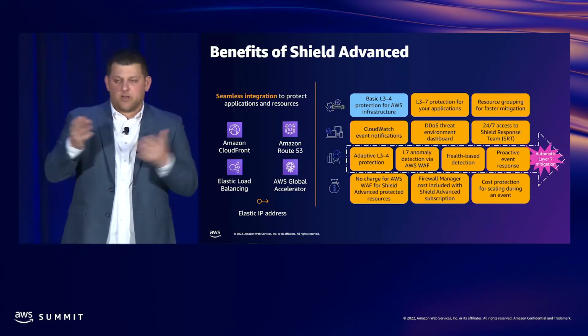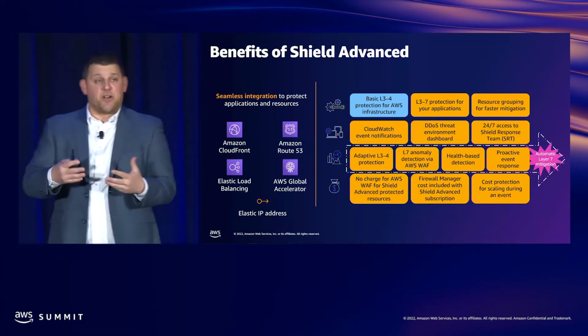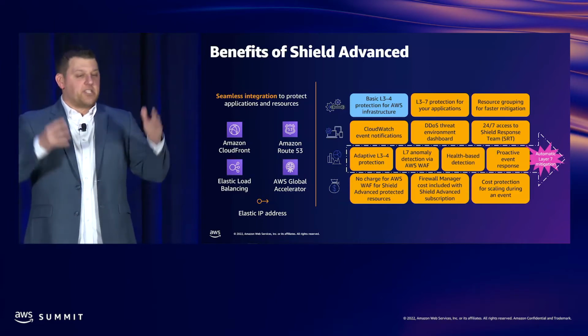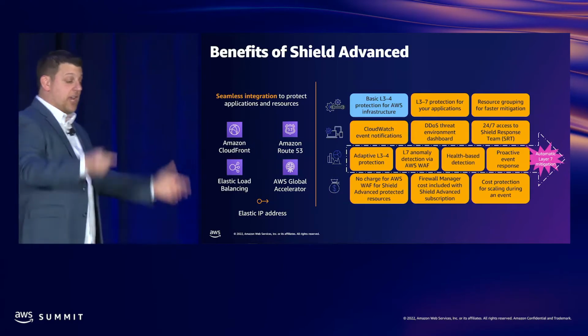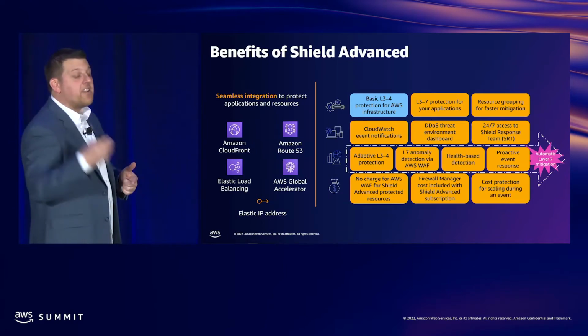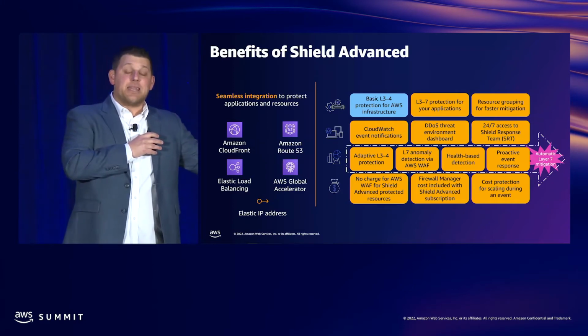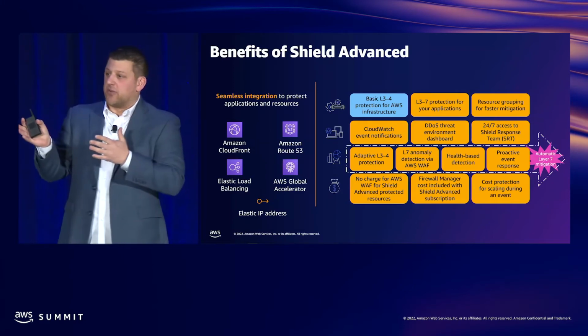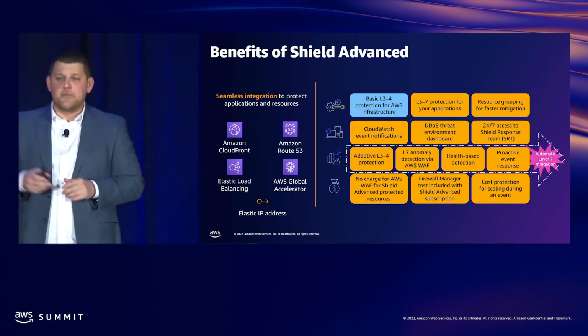Going back to Shield Standard and Shield Advanced, Shield Standard is just there to keep everything up and running. It's specific to a very large environment, or AWS infrastructure. So you may have an event that affects one of your resources, but Shield Standard might not get it because it's specific to your resources. This is where that adaptive L3, L4 comes in.